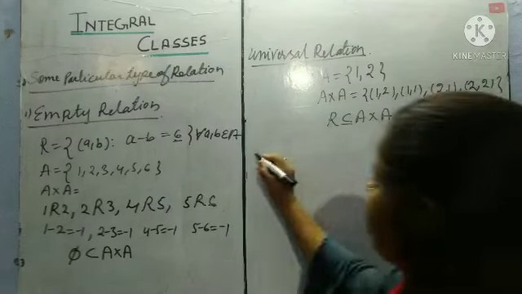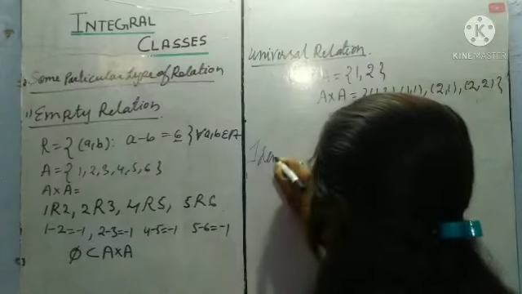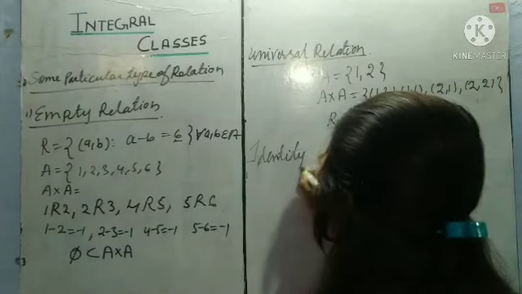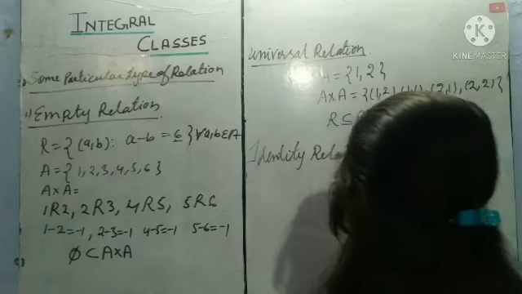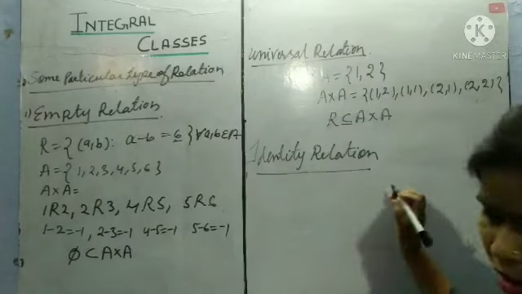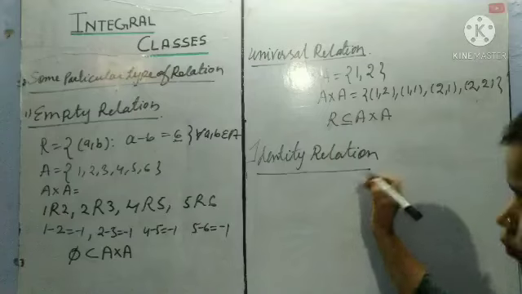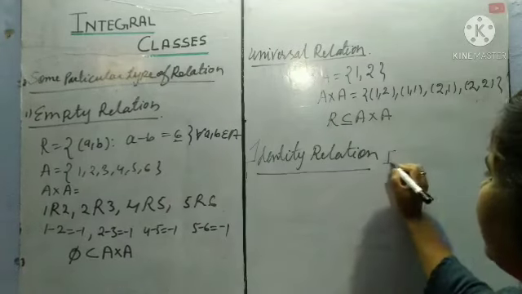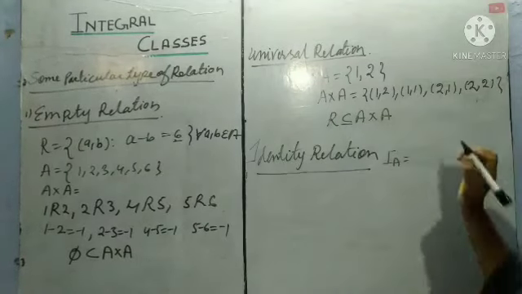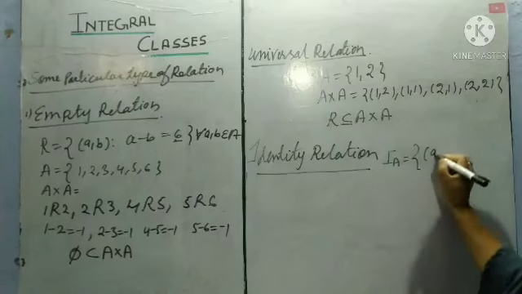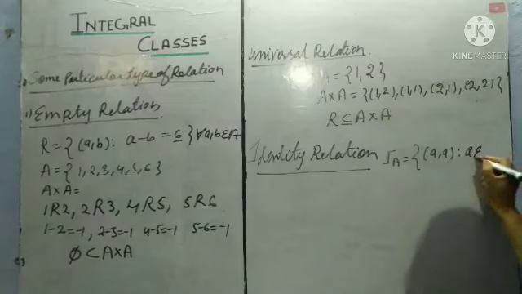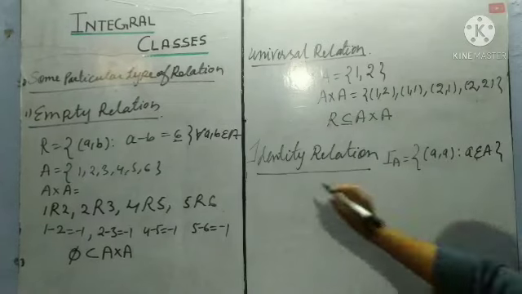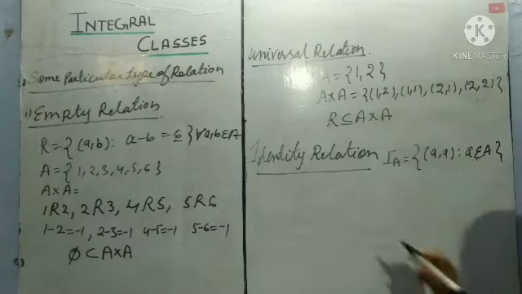The third relation is the identity relation. This kind of relation R is denoted by I_A, equal to (a, a) where a is an element of A. This kind of relation is called an identity relation.